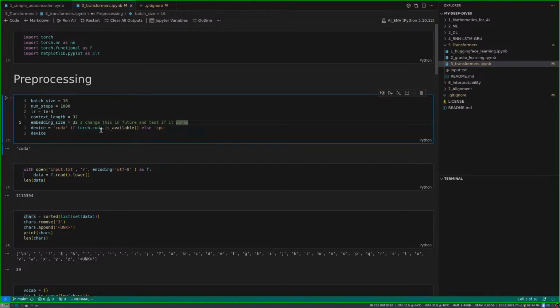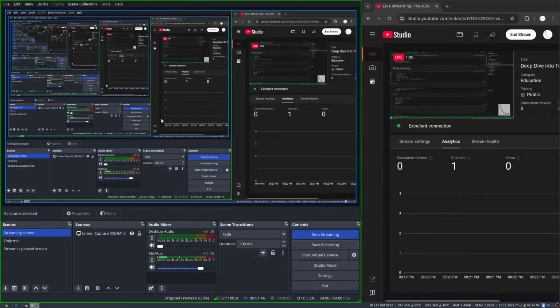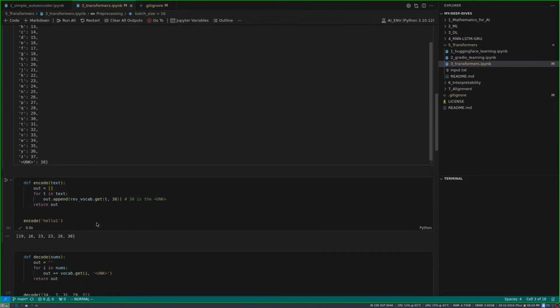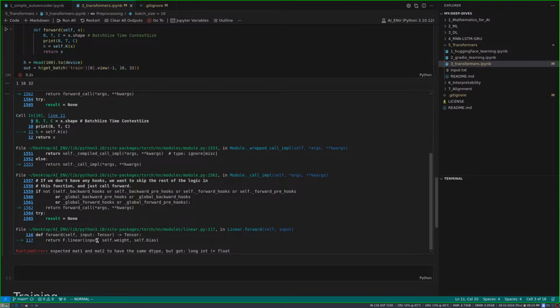Okay, I'm running everything. My audio is fine, right? So what do we have here? Oh man, same data type but got long integer and float.